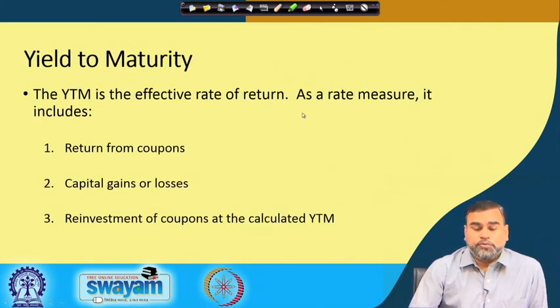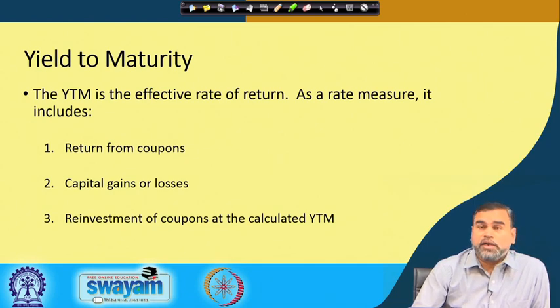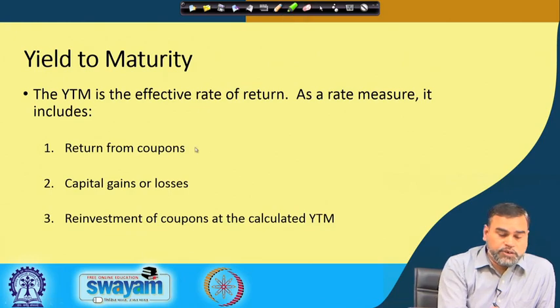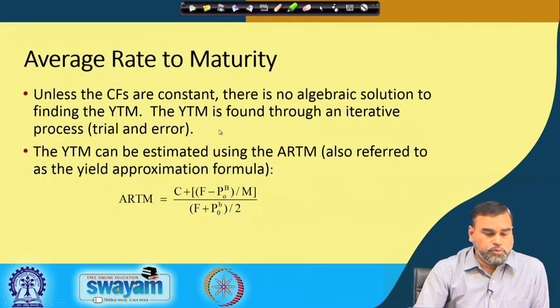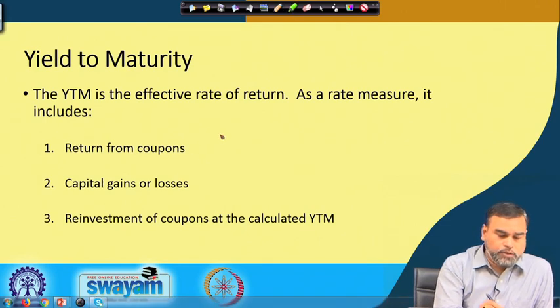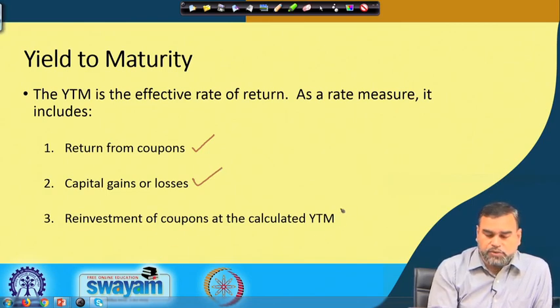Now, we can observe those factors which are responsible for the calculation of the yield to maturity. These we have already observed. What we need? We want the return from the coupons, then we have the capital gains or losses, and the reinvestment on the coupons in the calculated YTM.